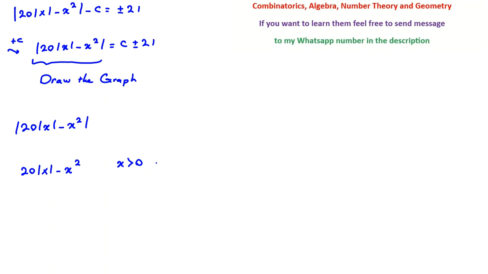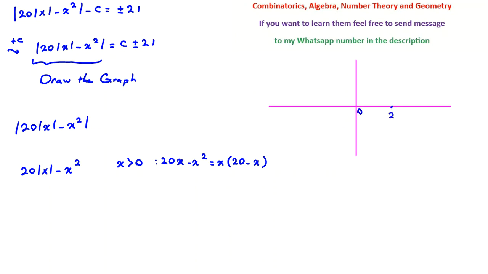So if x is positive, it will be 20x minus x squared. So it opens down, and the roots are x times 20 minus x. So it will be 0 and 20, and the vertex will be the midpoint of the roots.